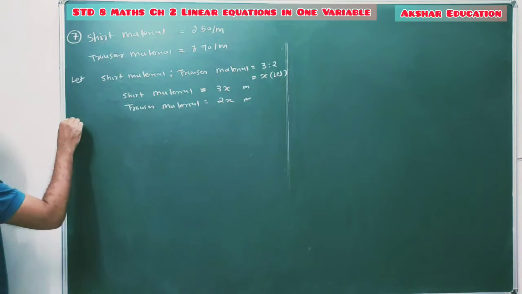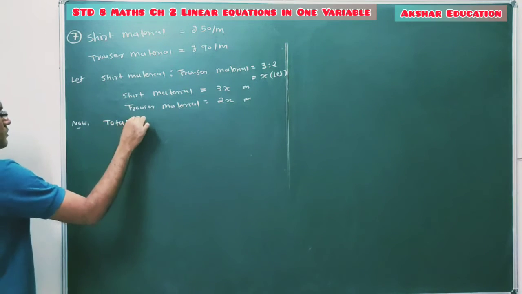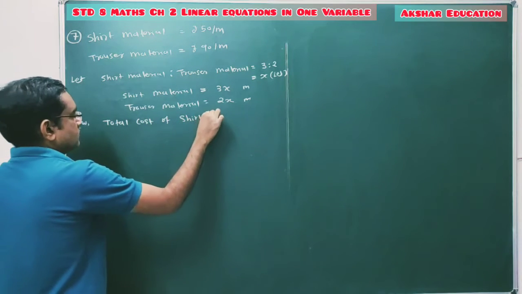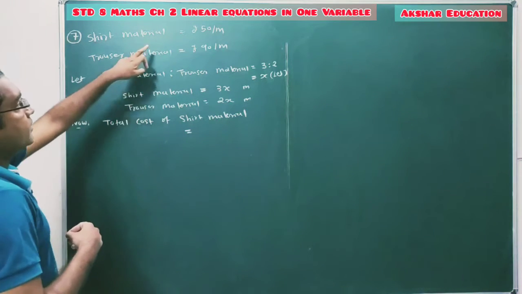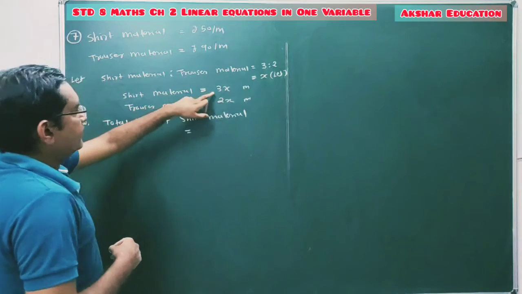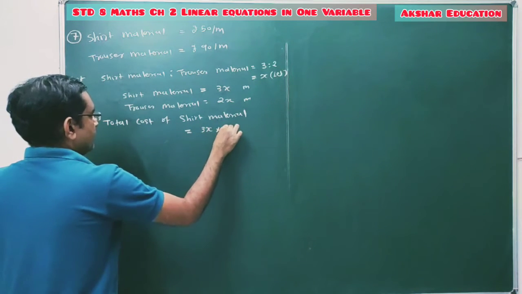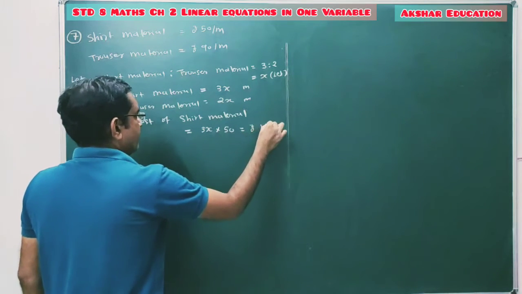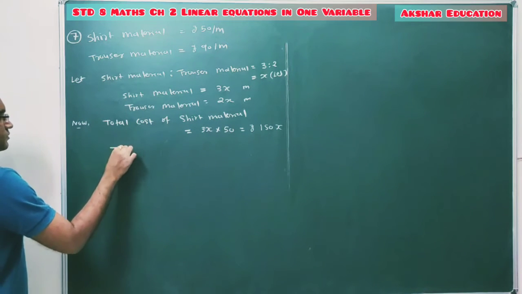So now we can write total cost of shirt material. Rate of shirt material is 1 meter, it will cost 50 rupees. Requirement is 3x meter, so it will be 3x into 50 rupees. So total cost of shirt material is 150x rupees.